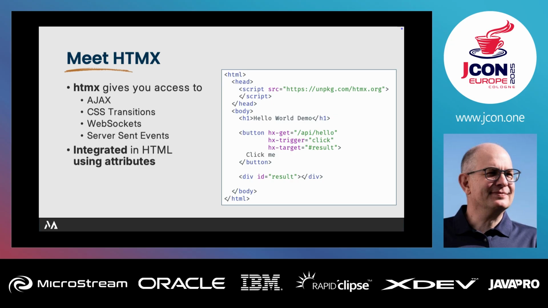What it does here is if you hit the button, it will execute a GET request to the path API hello, triggered by a click on the button, and the target of the result will get rendered in the div with the ID result, right?